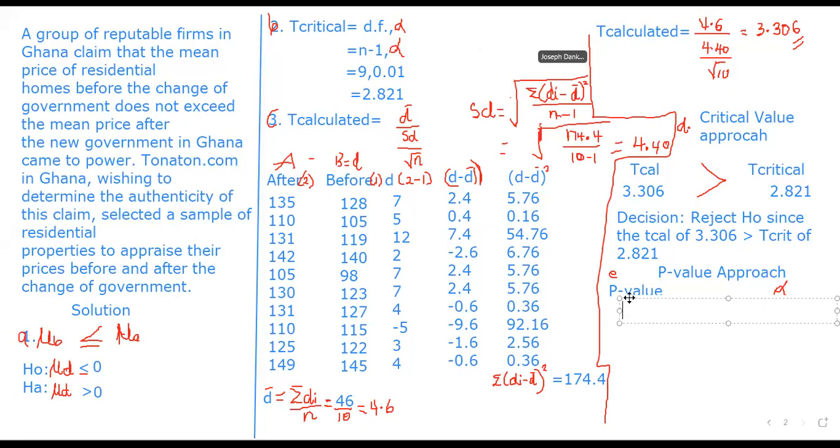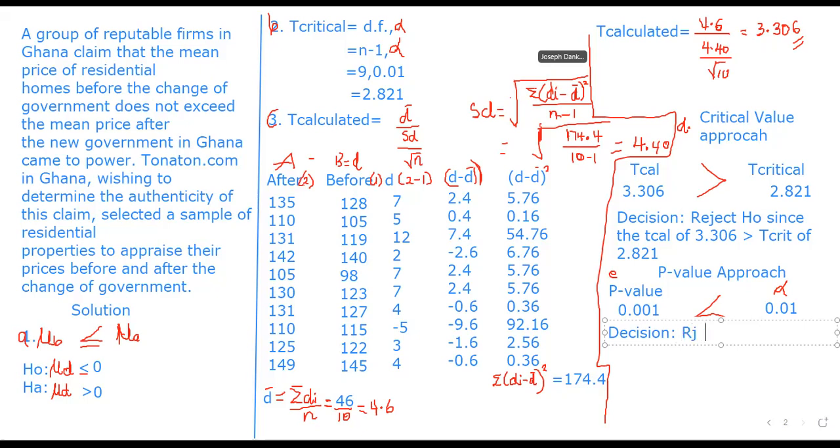This one too is 0.001. And 0.001 and 0.01, which one is greater than the other? 0.01 is greater than 0.001, so this is less than this. If the p-value is less than alpha, what will be the decision? You reject H0.